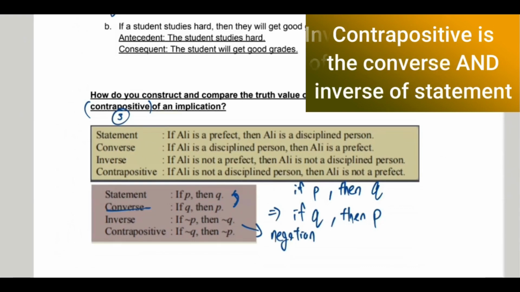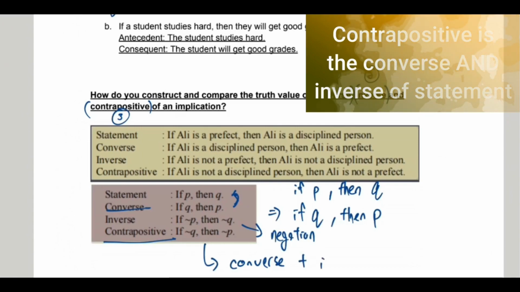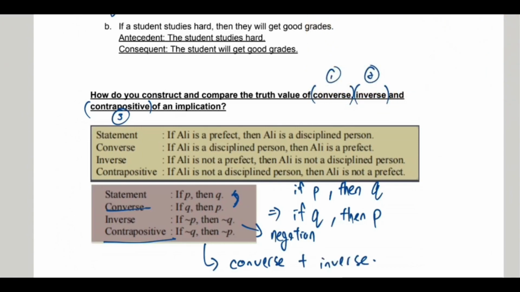And the contrapositive will be using converse plus inverse. So that's all.